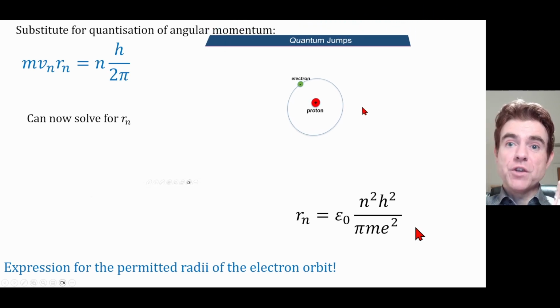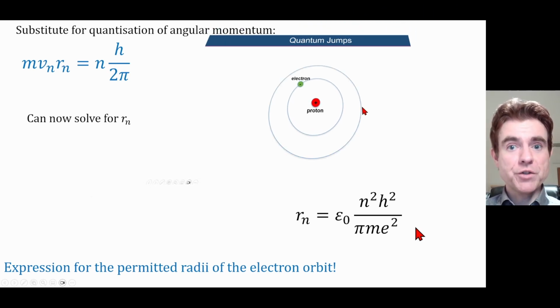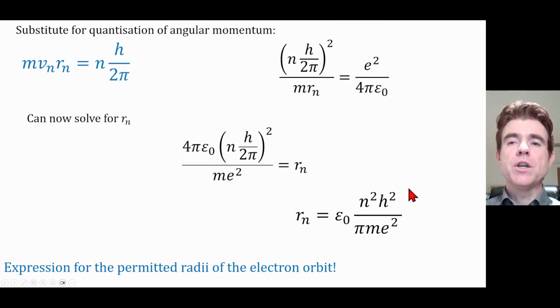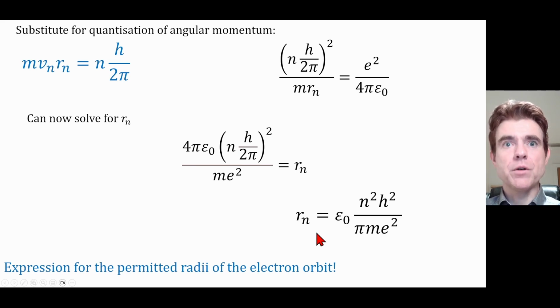And this gives us the discrete permitted radii of our quantized electron orbit. Again, n cannot take on values that are not integers, and therefore we cannot have continuous values of r, only discrete values of r.